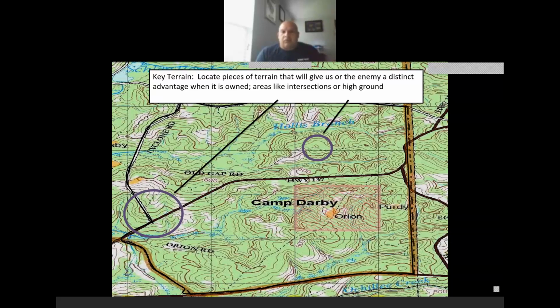At that intersection, two main roads go right there. You've got another key intersection to the east as well, and those control the reinforcements into the AO. They also provide dominance of the area to manage and control. You see how key terrain is an important place?